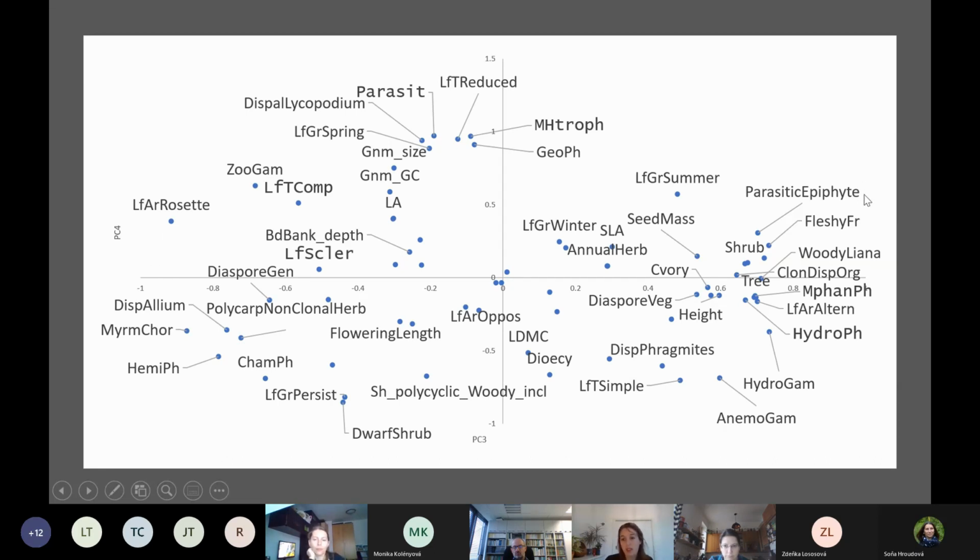And here we have parasitic epiphytes, fleshy fruit, woody liana. And in PC4, we have a separation between the parasitic plants again and geophytes.